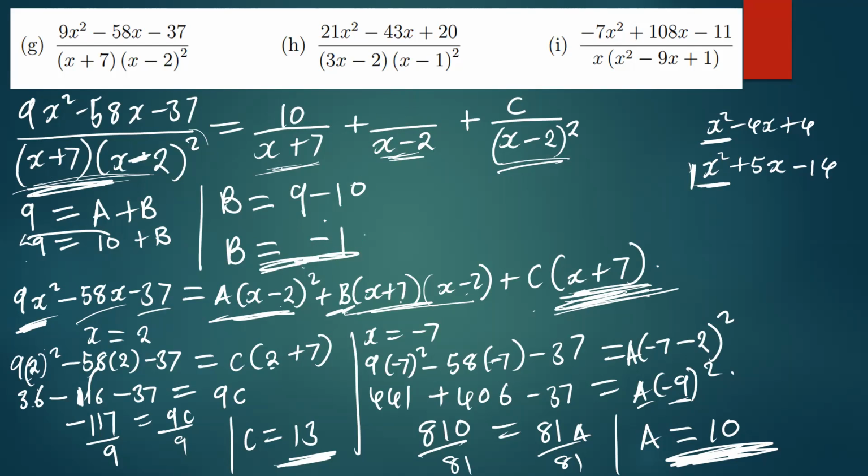So we write negative 1 on top. Then while there is c there, we also put the value of c, which is 13. So this is the solution for the first question.